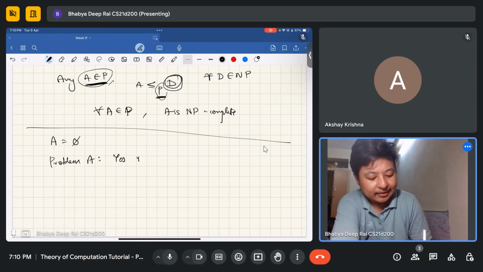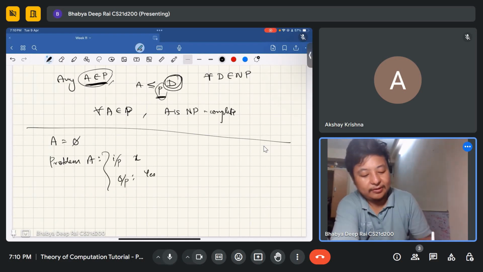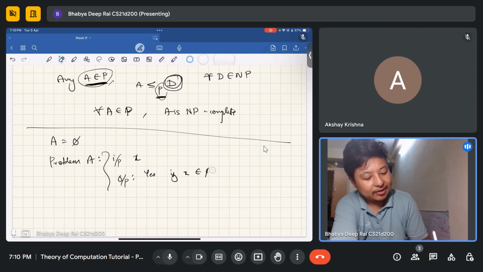Given an input X, the output is yes if X is in A, but A is phi, and no if X is not in phi.